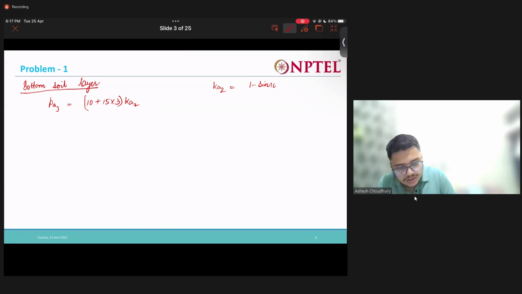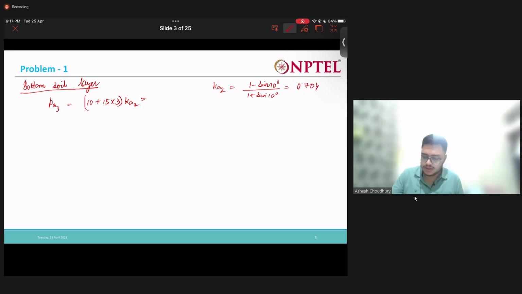K2 is 0.704. So this will be 15 into 3 is 45 plus 10, 55 into 0.704, which is 38.72 kilonewton per meter square.